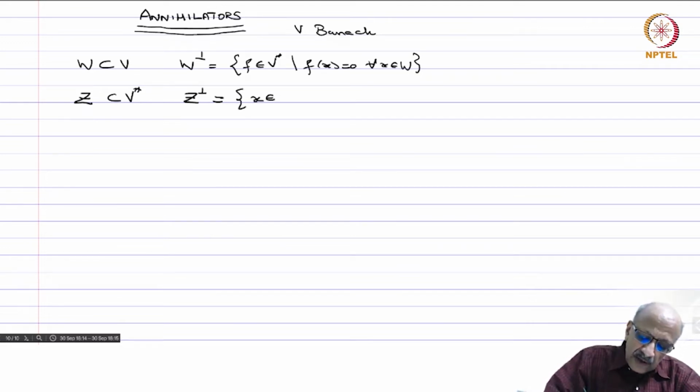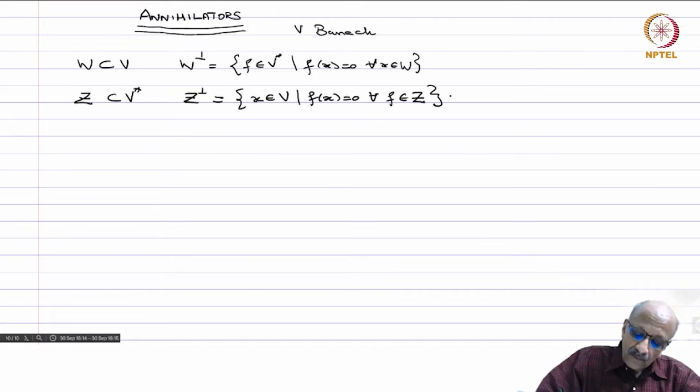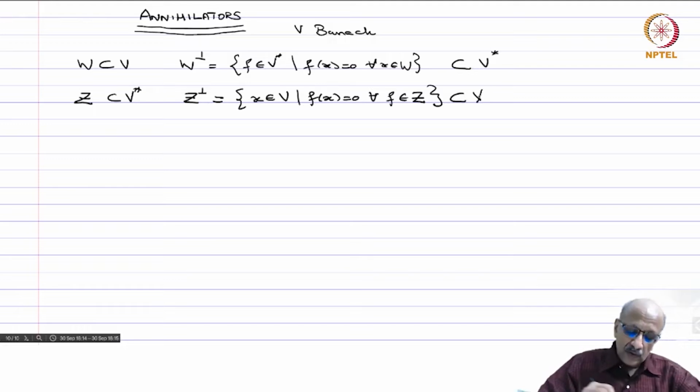So this is the set of all x in V such that f(x) is 0 for all f in Z. So this is a subspace of V star and this is a subspace of V. I will use the same symbol; I don't want to change the position of the perpendicular symbol. From the context, depending on where the subspace is living, we will understand which space it is.